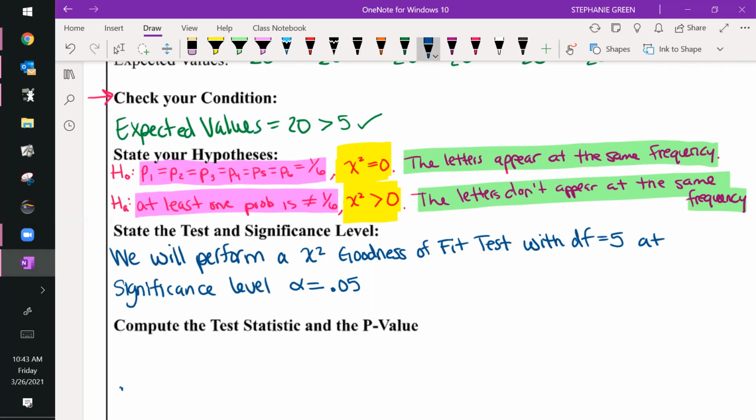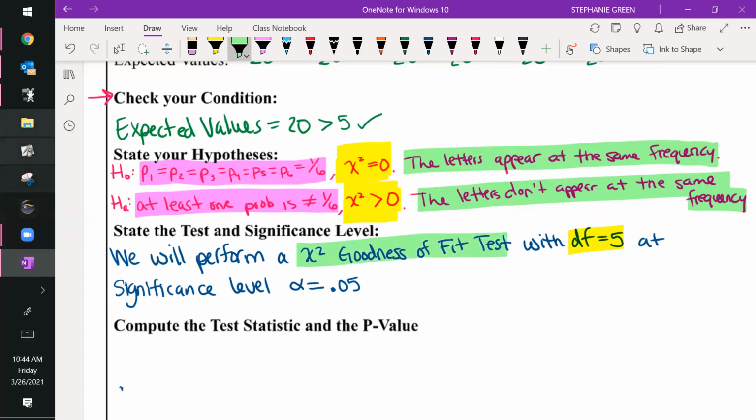Remember, alpha doesn't have to be 0.05, but that just happens to be the most common one. So an important thing in here, just like with t-distributions, there's a different chi distribution for every number of degrees of freedom. So make sure you say which chi distribution we're looking at within the type of significance test that we're doing. And this test is called a chi-squared goodness of fit test.